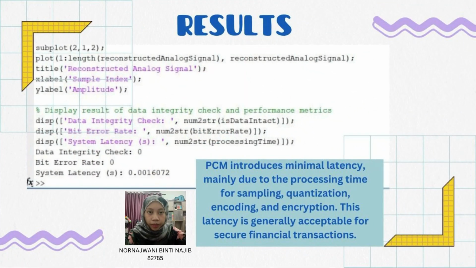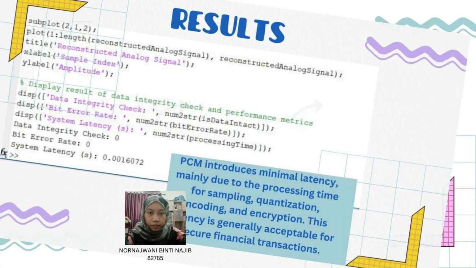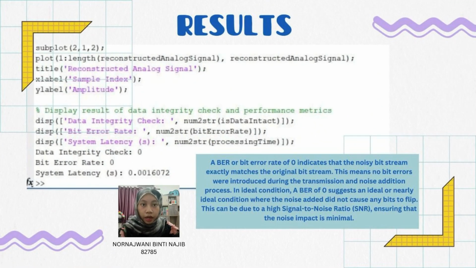PCM introduced minimal latency, mainly due to the processing time for sampling, quantization, encoding, and encryption. This latency is generally acceptable for secure financial transactions. A BER, or bit error rate, of 0 indicates that the noisy bit stream exactly matches the original bit stream.